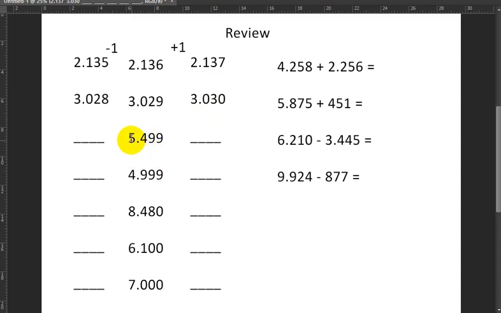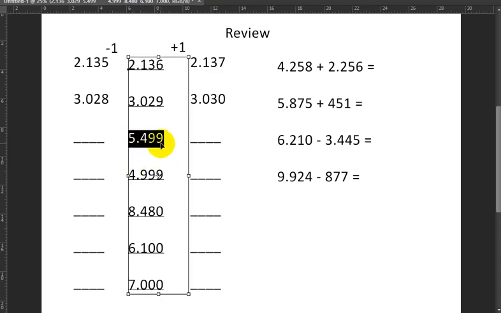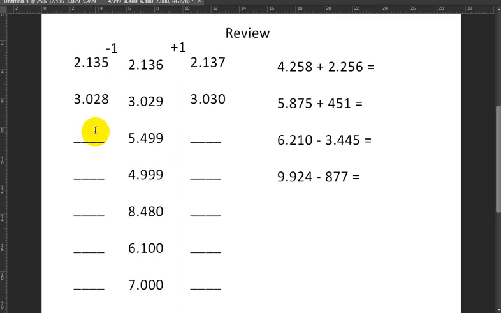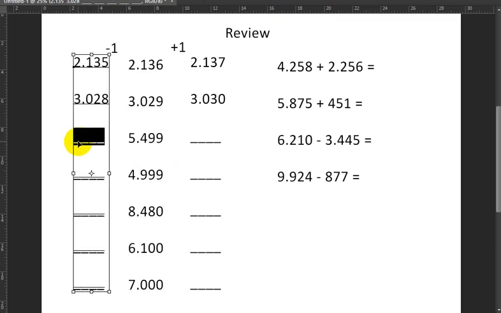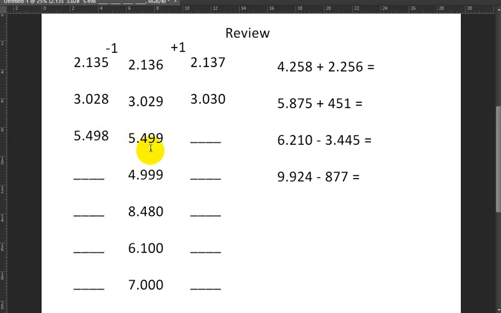Let's continue. Here we have 5,499. And let's find the previous one real quick. So we are going to say 1 less, so 8. But here, again, we have the same problem as before. So I add 1 here, right? And it becomes 10, but I can't write 10. So what I am going to do is I'm going to write 0 and carry 1.